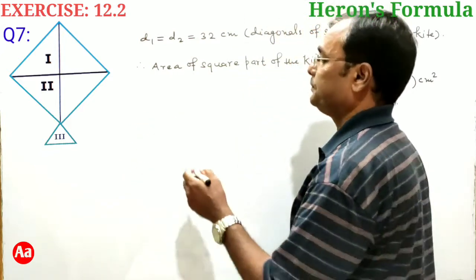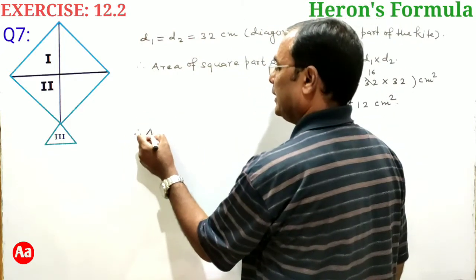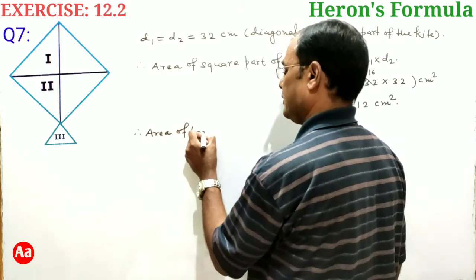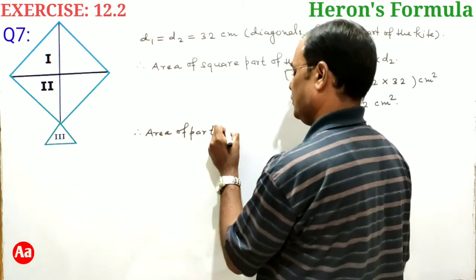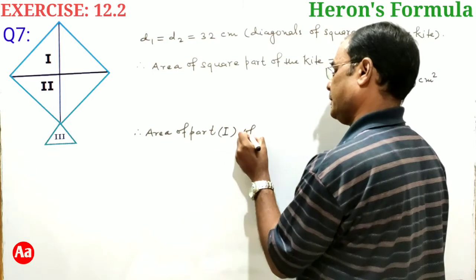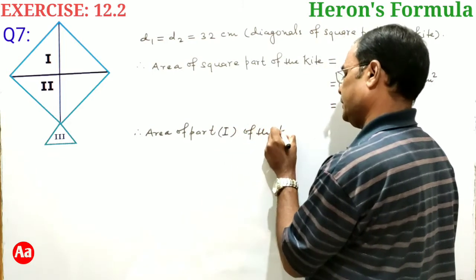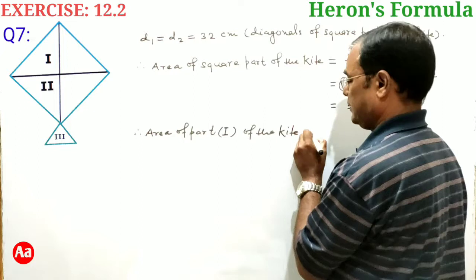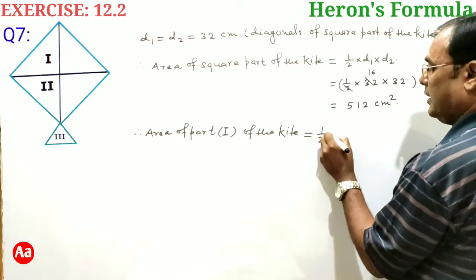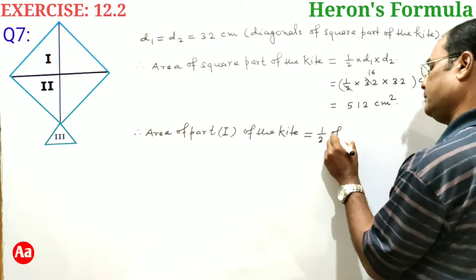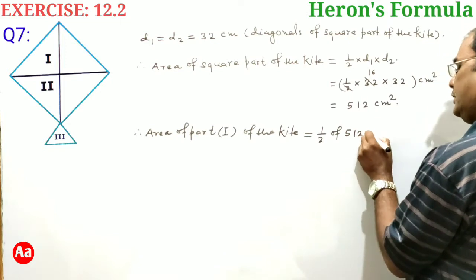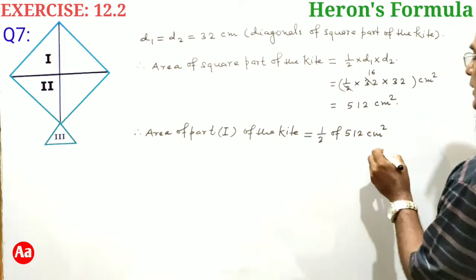So therefore, area of the first part of the kite is half of 512 centimeter square.